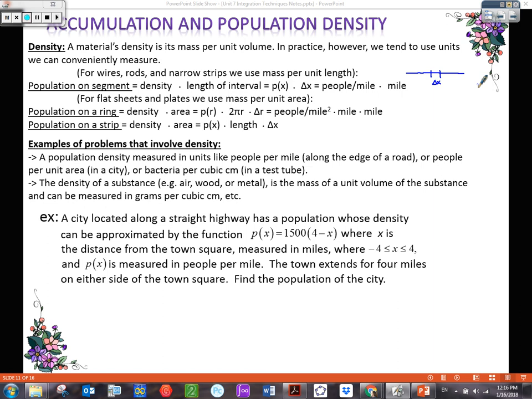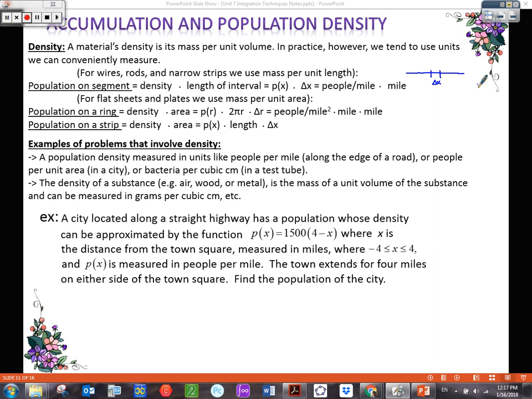But these density equations are typically written to account for the fact that maybe there are more people in one part of the city than another. That's why we would need an equation for it. It would calculate for us the density in a particular place as well as overall.